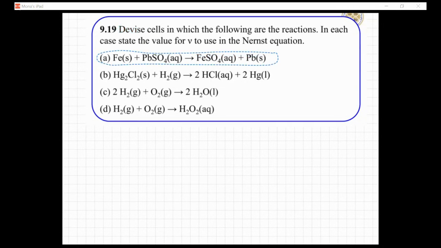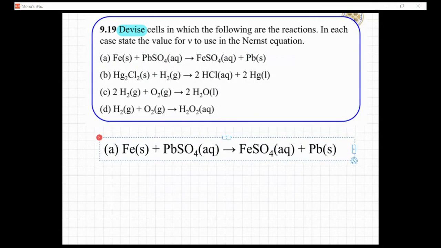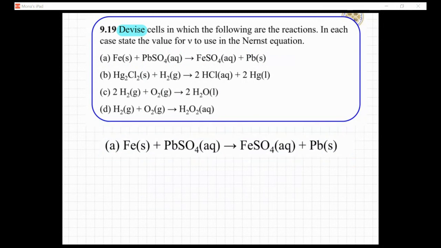So that is going to be, for example, the first part that I will be looking at. So what do we have in this first part? I will look at the question here.